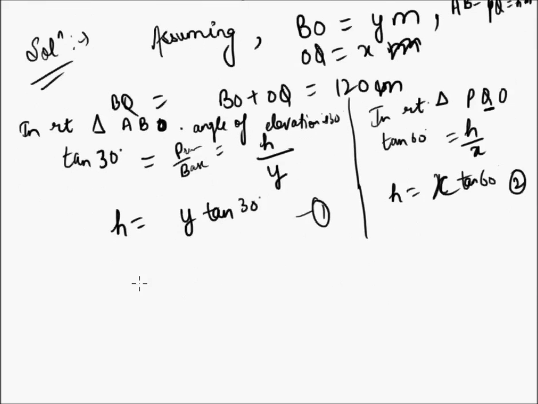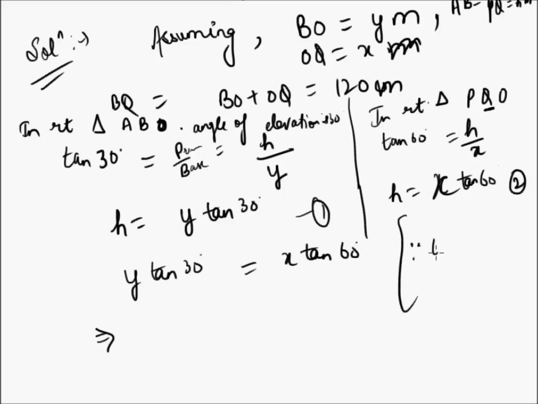Now from the first and second, we have y tangent 30 degrees equals x tangent 60 degrees.